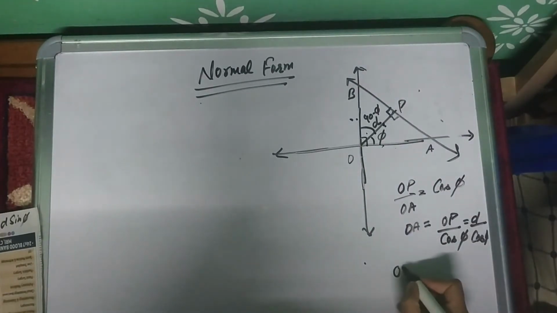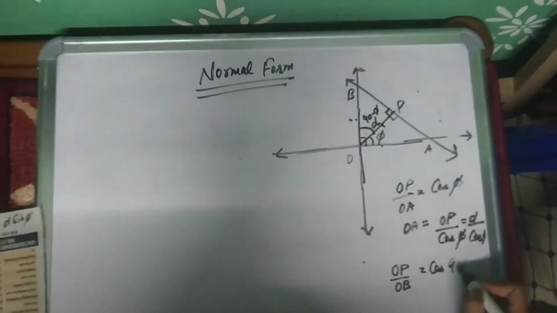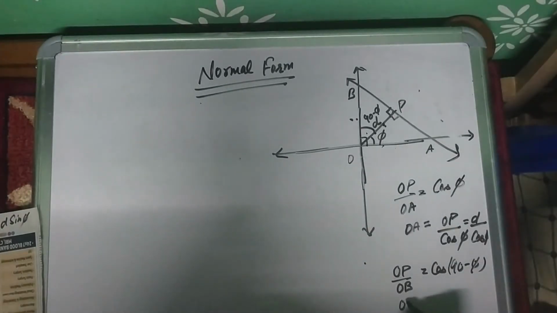I would say OP over OB is again cos of, but not phi, the angle here is 90 minus phi. OP is actually equal to d, and this is OB. And cos of 90 minus angle is actually sine of phi, which implies OB equals d over sine phi.